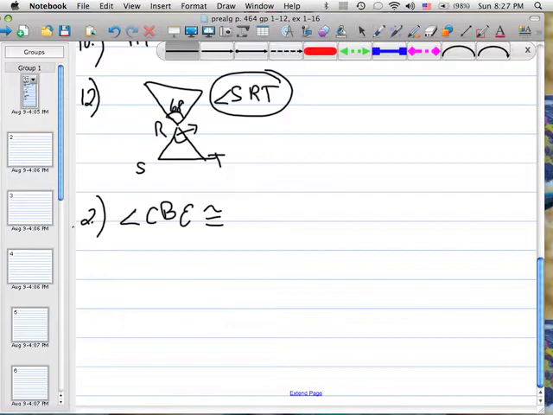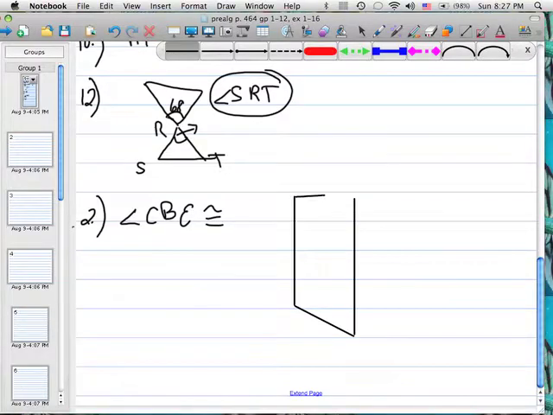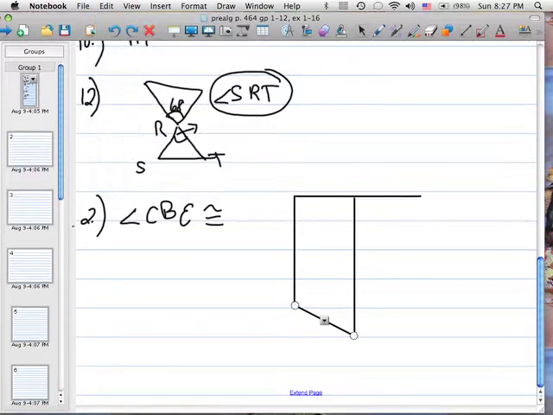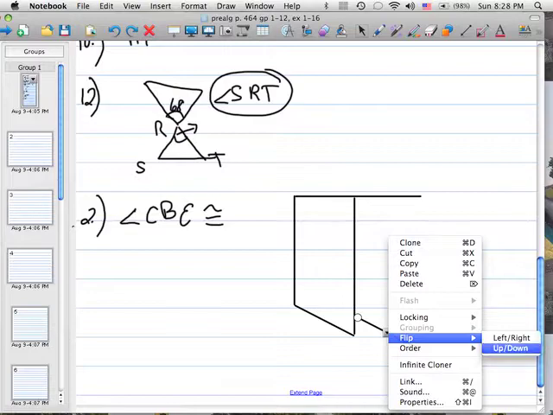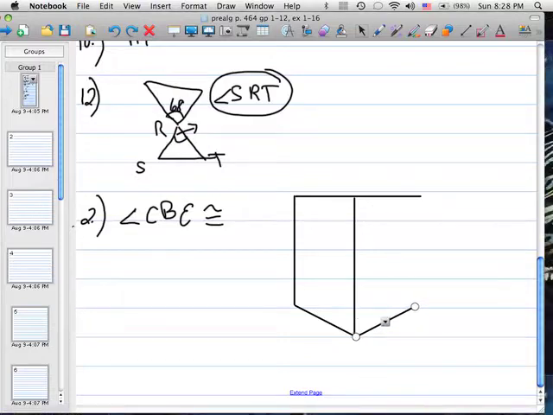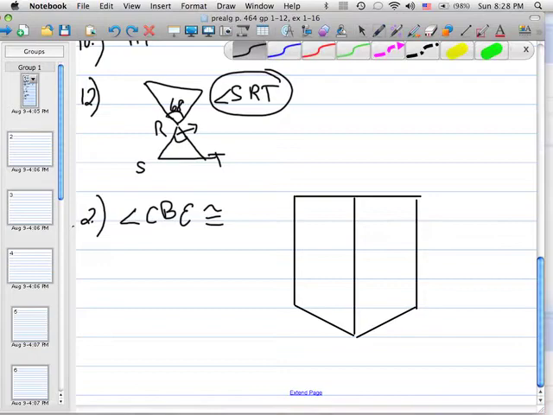Well, I'm going to go ahead and draw the shapes so we can reference them. Okay, this is about as close as we're going to get to it.